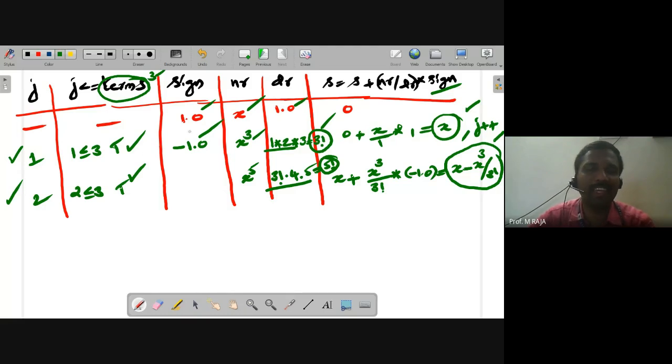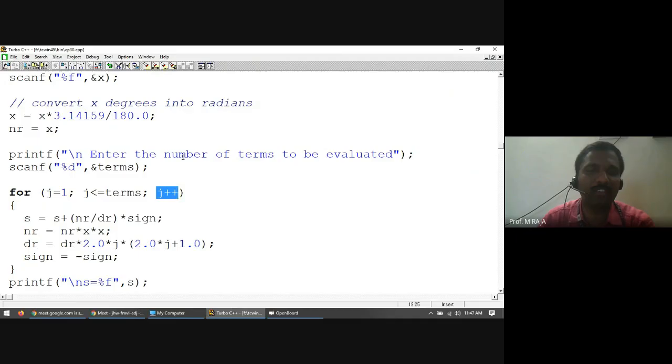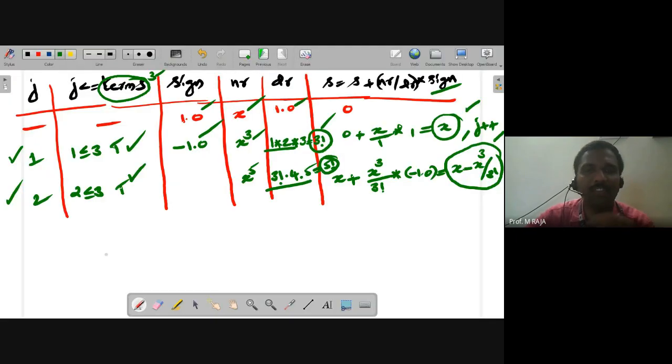Then sign gets negated. Current sign is minus 1.0. So here this becomes plus 1.0. Next, j gets incremented by 1, j plus plus. What happens? j becomes 3.